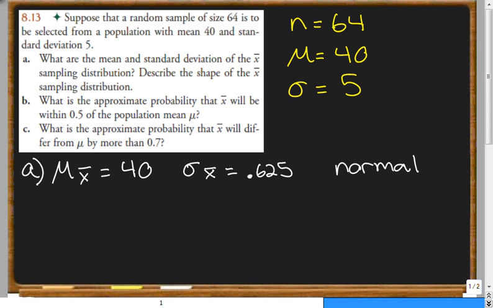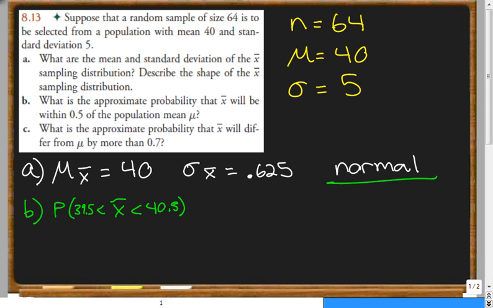Now B says, what is the approximate probability that X bar will be within 0.5 of the population mean? So what's the probability that it's between 39.5 and 40.5?